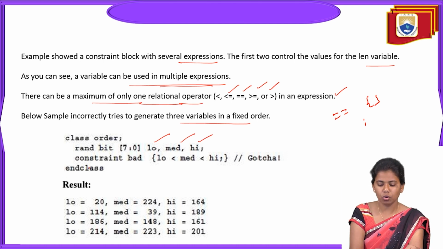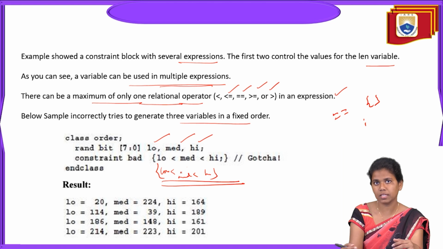So constraint bad: from low to medium to high, obviously low is less than medium, medium is less than high. Then end class. This expression is talking about the constraints.